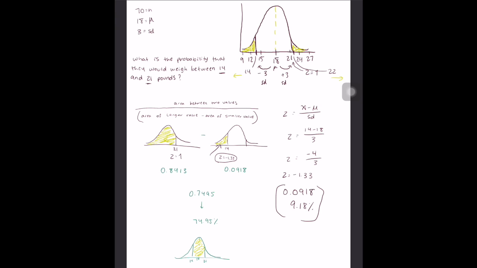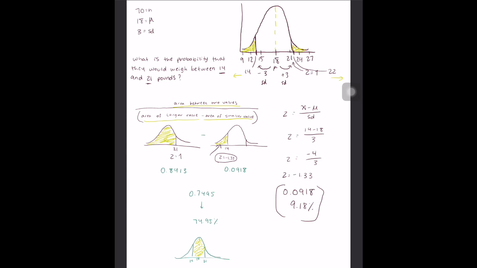Now that we have our two z values, the way you find the area between two values is by finding the area to the left of the larger value minus the area to the left of the smaller value. So we're essentially subtracting this from this in order to get this. So we know the z-score of 21 is 1.